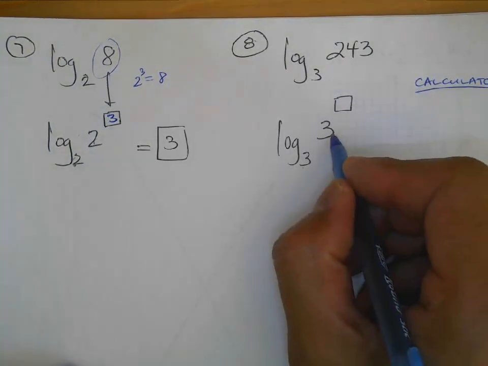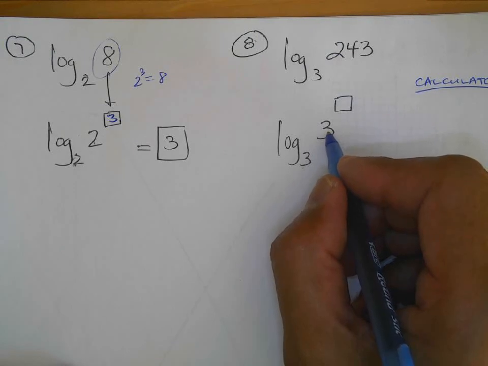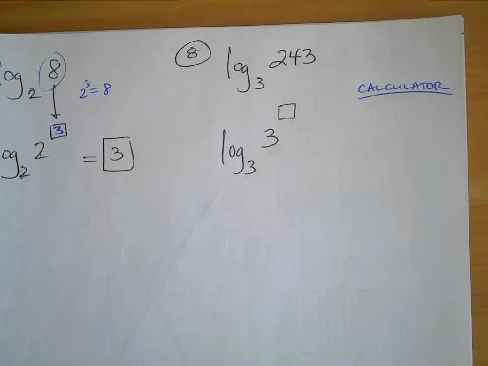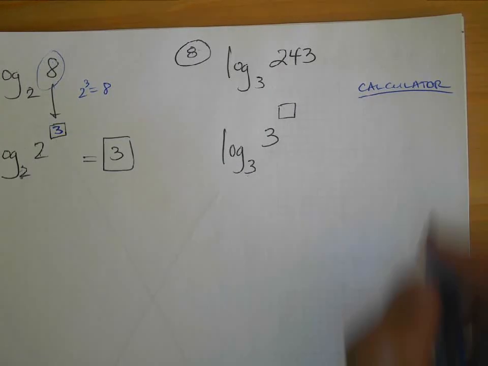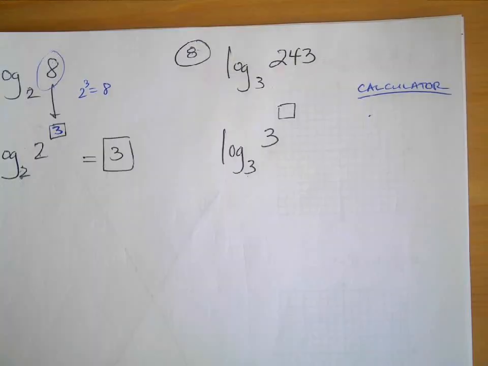Since I know it's, well, 243. How would you do this on the calculator? You do the cubed root, right? Because it's 3. Let's see. Hold on.